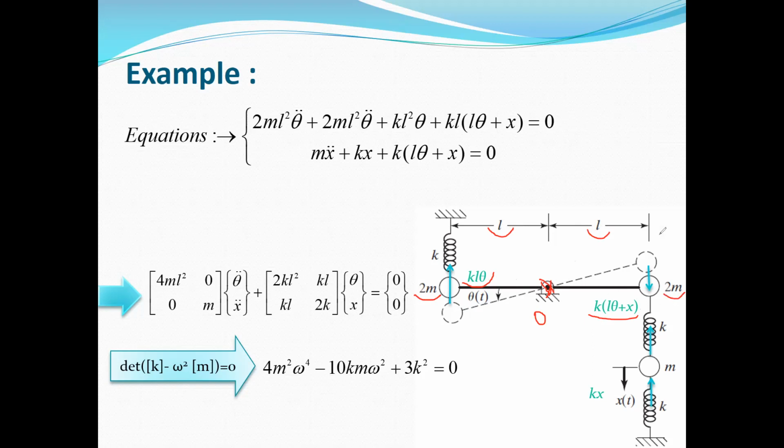So this system has a mass moment of inertia of 2m times L squared.